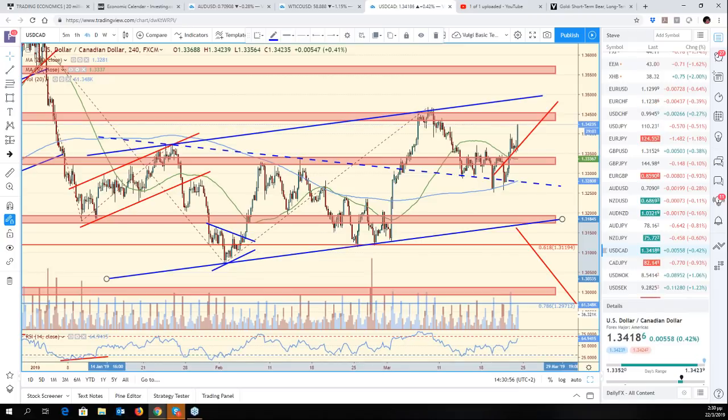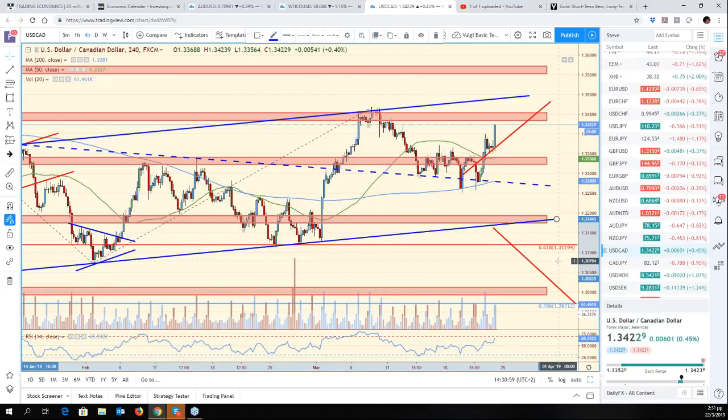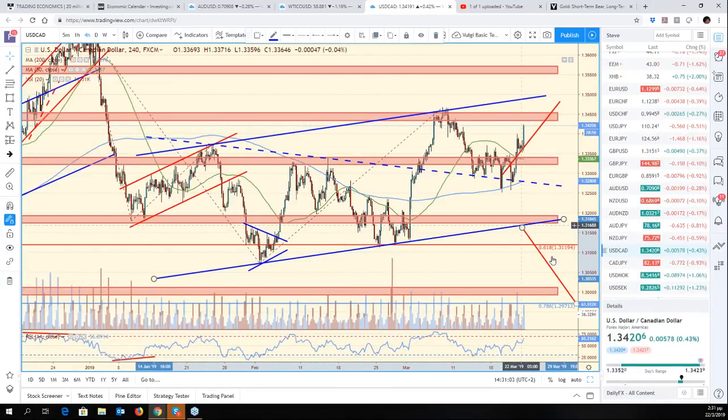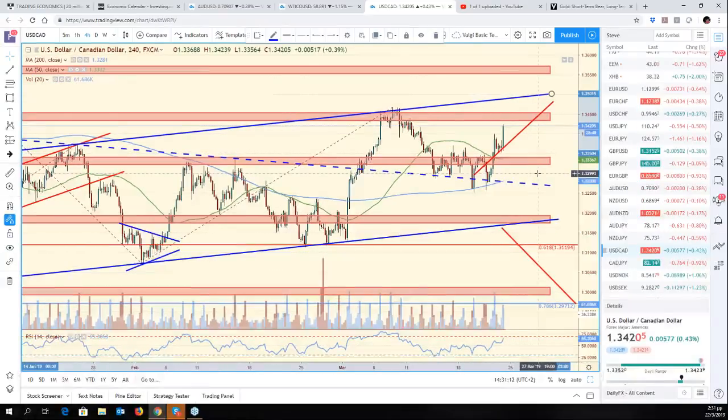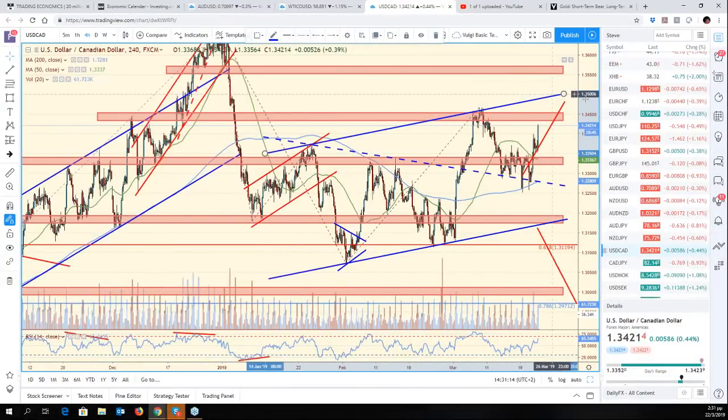Obviously not good data for an economy that is based to a big extent on consumption. So retail sales are extremely important, and that should provide the required fuel for another move towards this channel that you see here, which currently passes from roughly 135. So USD CAD on its way.